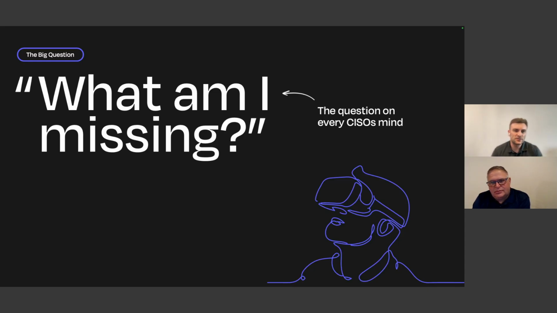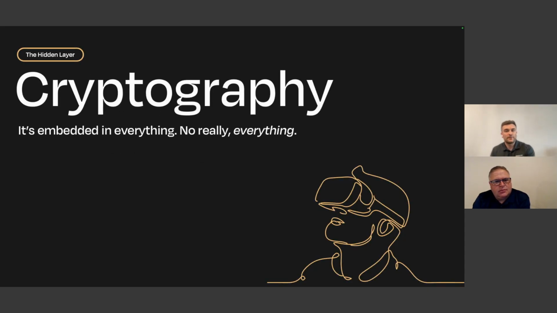That brings us to this hidden layer that we're going to talk about today, which is cryptography. It's one of the biggest risks hiding in the oldest layer of your security stack, and it's absolutely everywhere. It's embedded in infrastructure, network, applications, devices. I like to call it the quiet engine that hums behind everything: every secure network and internet connection, every software update, every digital interaction.